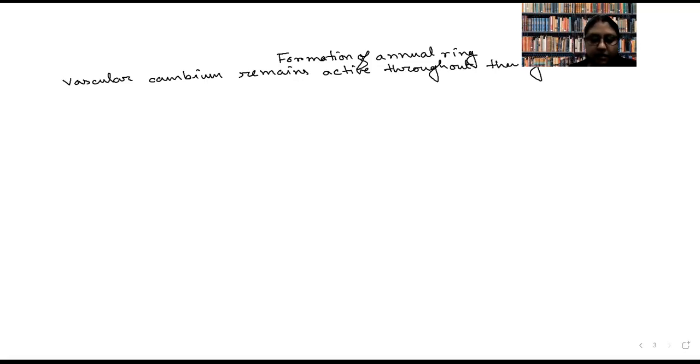But its activity will vary from season to season. Why? It is not that the cell division will ever stop. It will be active throughout the year, but the rate of cell division will be more in some seasons and less in some seasons. Its activity varies from season to season.